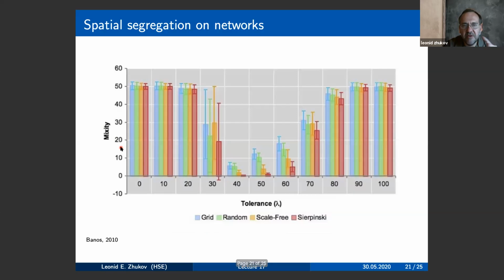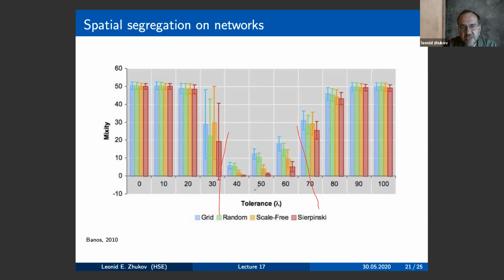And here's what they observed. Tolerance is on the bottom, and the level of mixity is on the vertical axis. So what you have here is a mixed population, and segregated. The population gets strongly segregated somewhere between 30% and 70% threshold, which is actually quite similar to the original model.